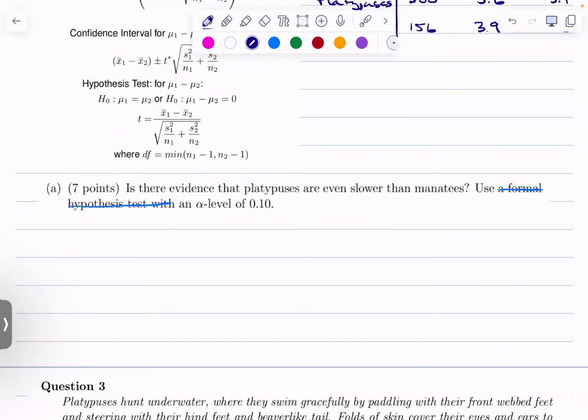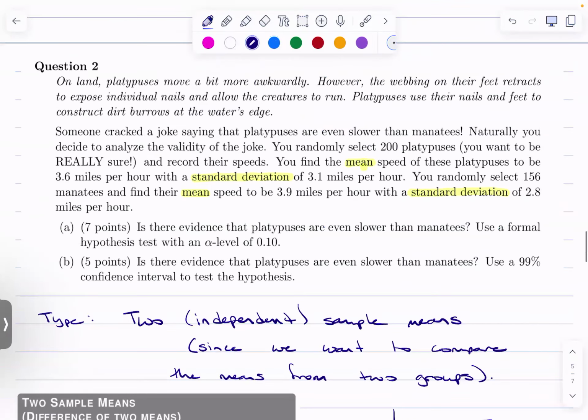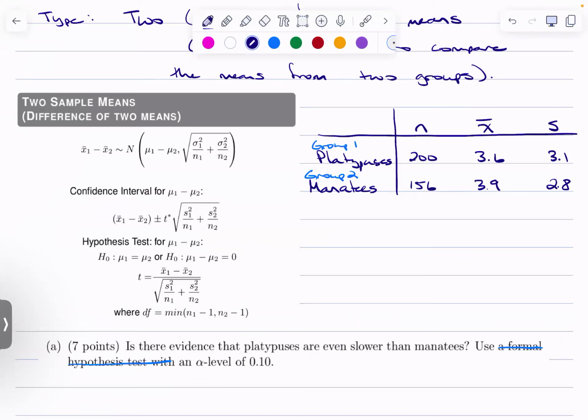We are assuming that all the conditions are met, right? We sampled all our manatees randomly and platypuses randomly, and they're independent groups, and my sample sizes are both bigger than 30, which means I'm allowed to assume normality.